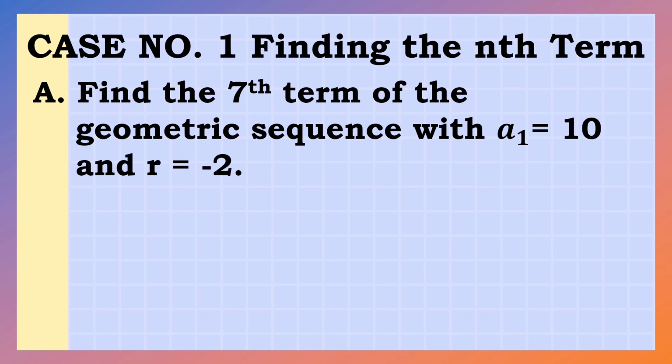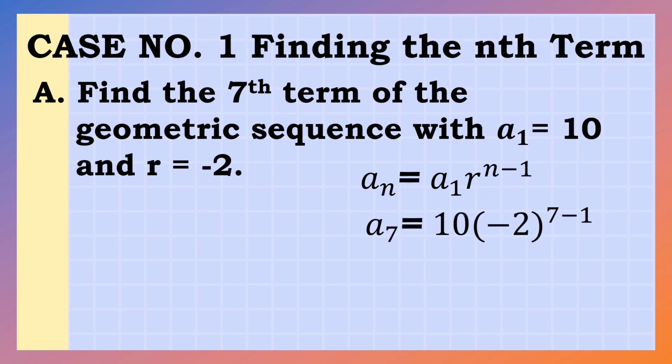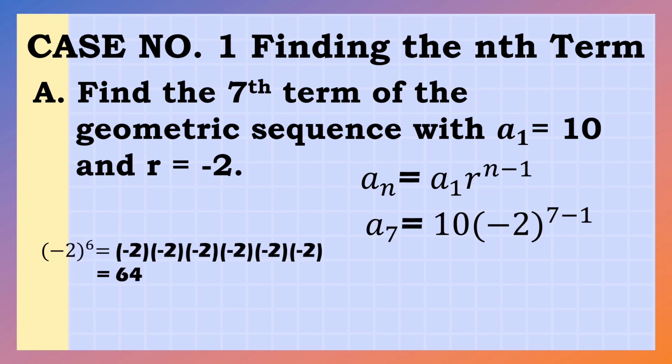By using the general formula a sub n equals a sub 1 times r raised to n minus 1, we will now substitute your given r and a sub 1. A sub 7 is equal to 10 times negative 2 raised to 7 minus 1. 7 minus 1 is 6. As you can see, negative 2 raised to 6 means multiplying negative 2 by itself 6 times.